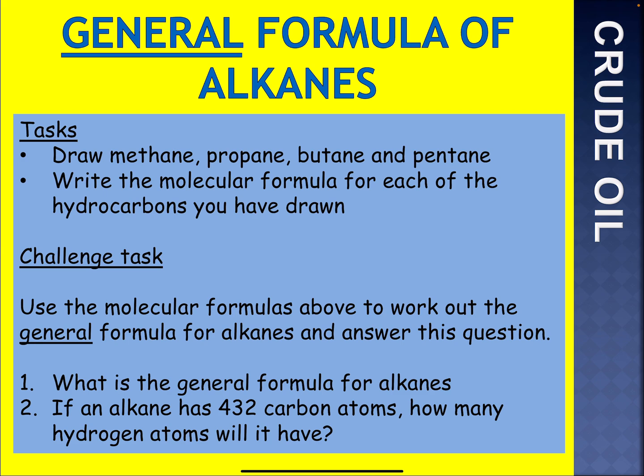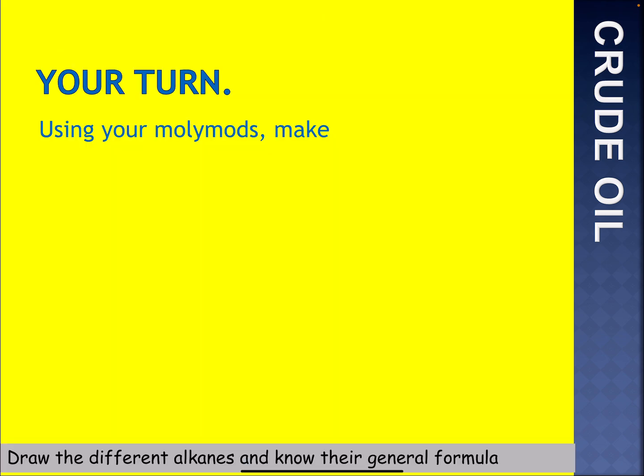Okay, if you've had a go, then, so there's your general formula. Using that general formula, number 2, how many hydrogen atoms? It will have 866. That's if you was in a classroom.